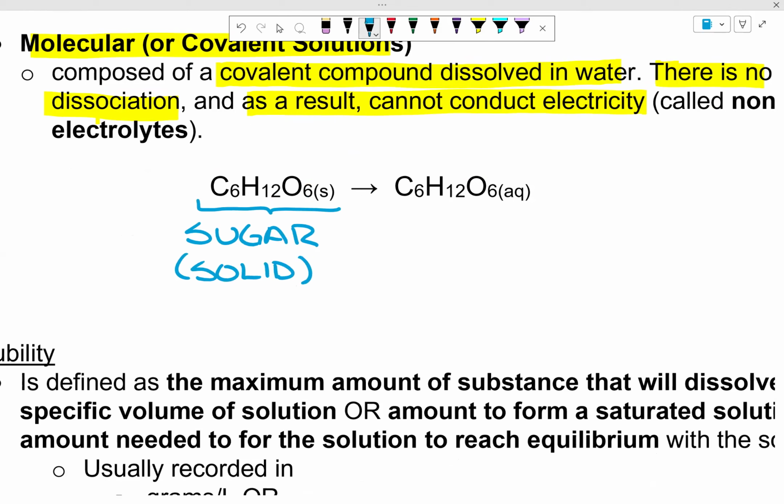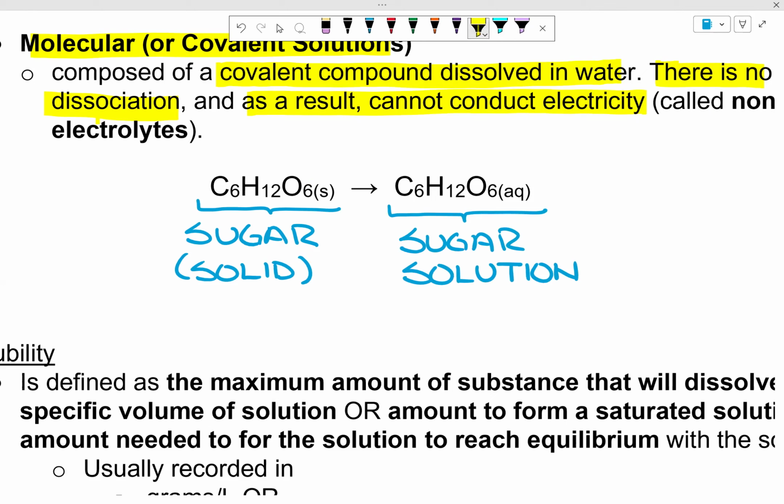When you dissolve it in water, you get a sugar solution. How do I know one is a solution and one is a solid? By looking at the phase symbols. This would be solid, and here aq would be sugar solution. Recall aq means that it is dissolved in water.